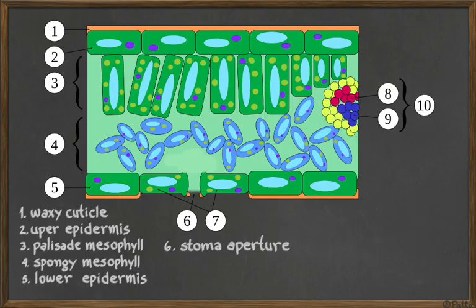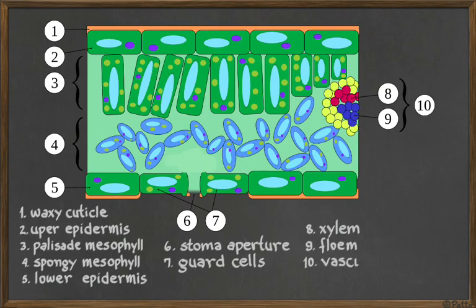There's an opening there, in the middle of the stoma. And seven are the guard cells. You have two cells over there labeled 7. Those are the guard cells of the stoma. And finally, 8 we have the xylem, 9 we have the phloem, and both together make the vascular bundle. They are the tubes, the vascularization of the leaf.